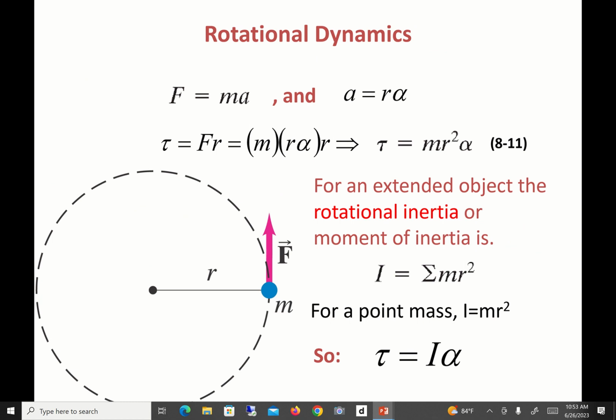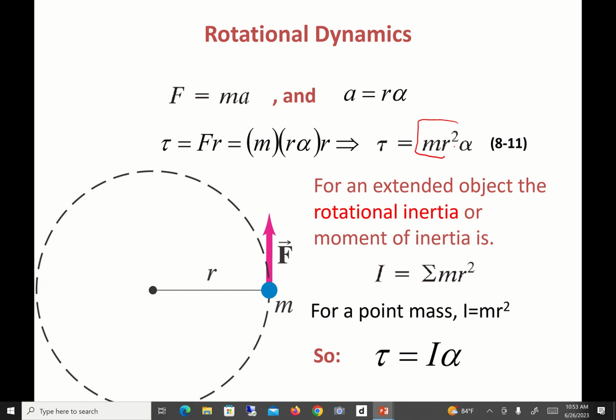Okay, so if I'm going to put a force on something to make it accelerate, what's my equation equivalent to Newton's second law? F equals ma is Newton's second law, and I know that a is just R times alpha. So if I put in torque equals F r, and F equals m times R alpha, I get that torque is equal to m r squared times alpha.